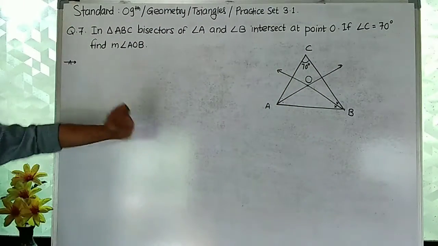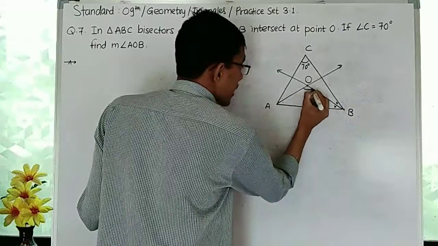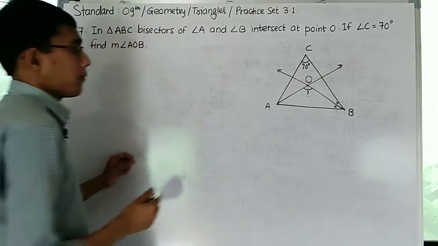What we have to find? We have to find the measure of angle AOB. So we have to find this particular angle.